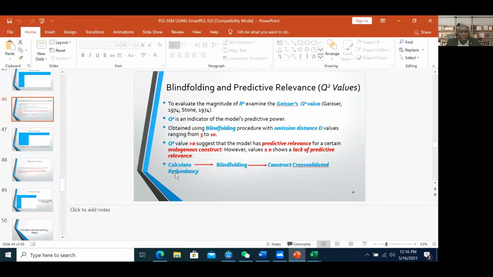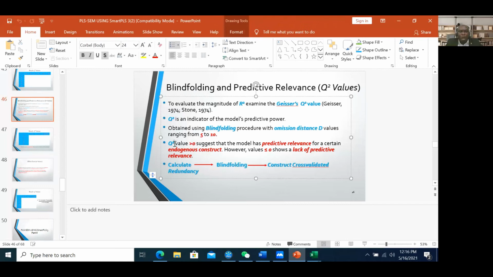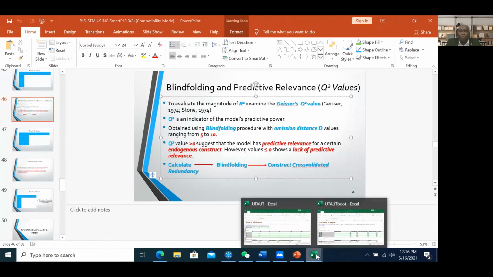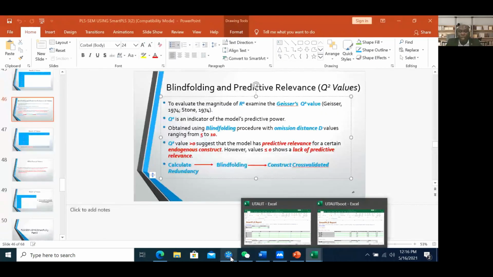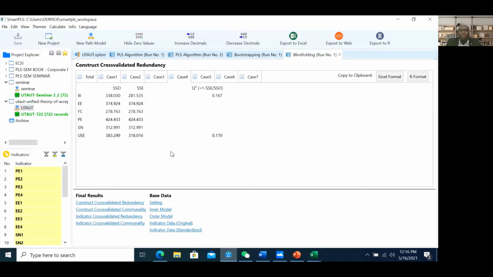Okay, good. Now, Q squared values greater than 0 suggest that the model has predictive relevance for a certain endogenous construct. However, values less than 0 show a lack of predictive relevance. So we'll see whether the Q squared from the blindfolding is different from 0.